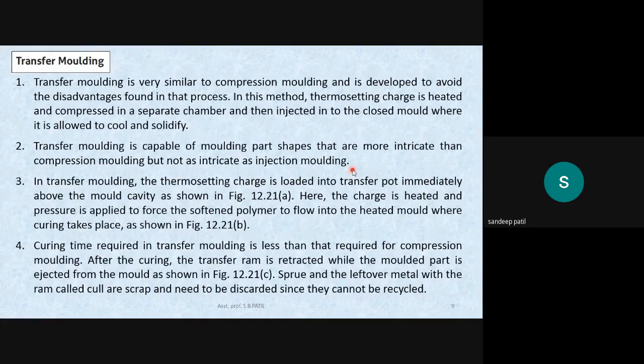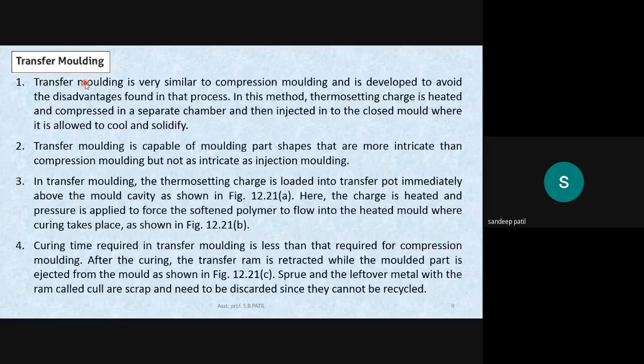If it is less complex, then we can go for transfer molding. And if the required geometry or shape is simpler, then it is transfer molding or compression molding.